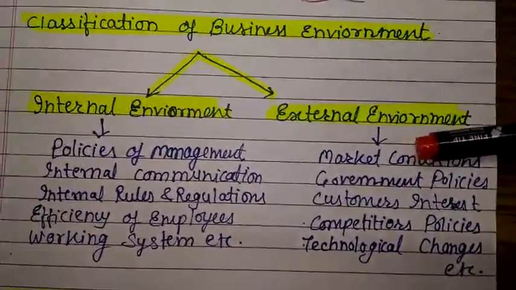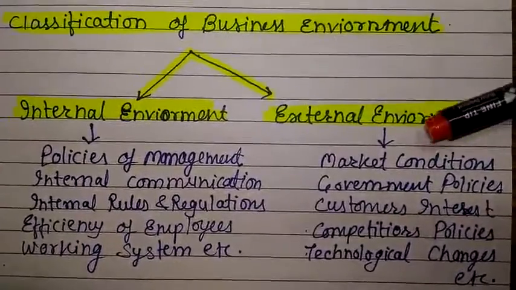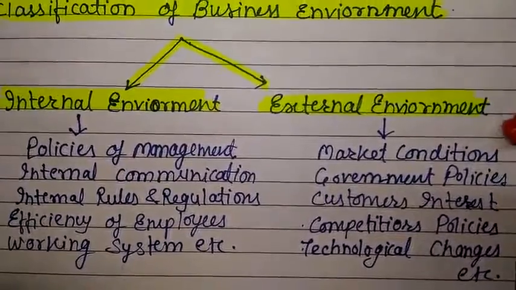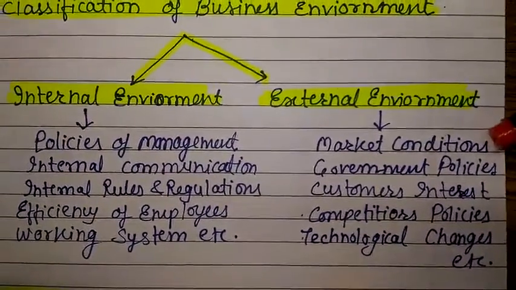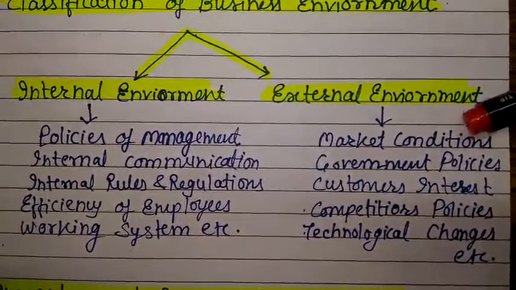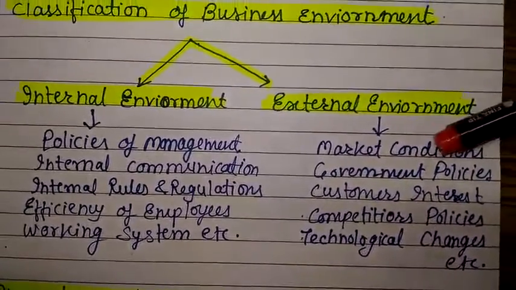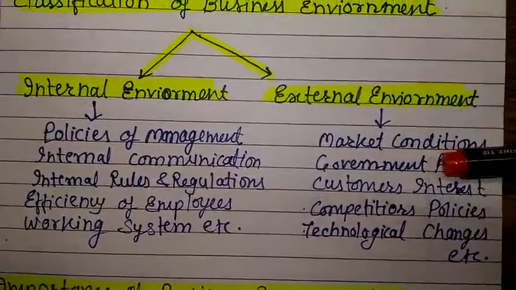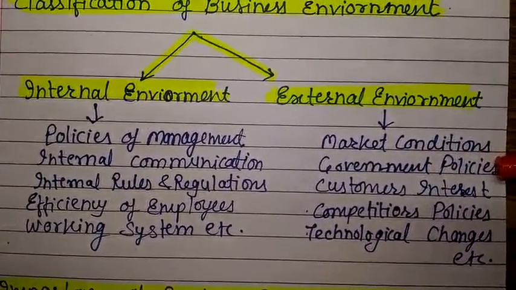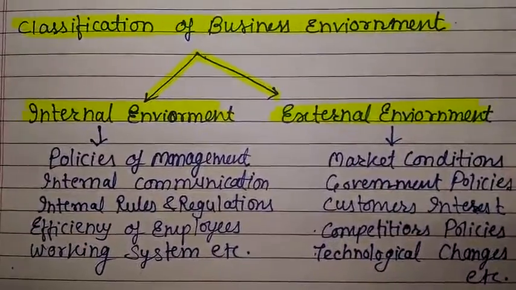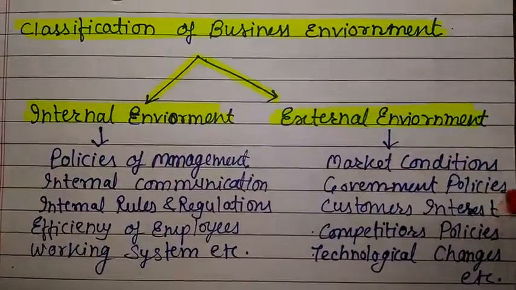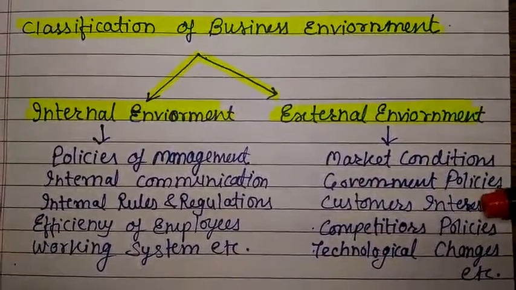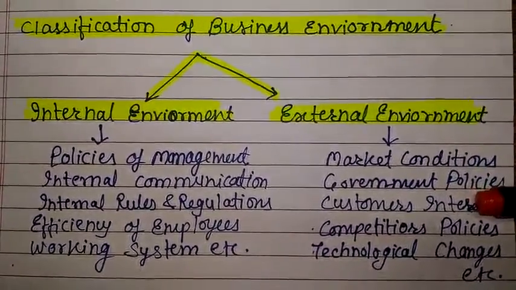But in the external environment, what are its parts? What are the examples? The first is market condition, meaning how the market is going: what are the ups and downs in prices, what are the economic policies, etc. Then government policies, which are made related to taxes, prices, etc. Consumers' interest: what taste or liking the customer has, and which type of product can be used by customers.